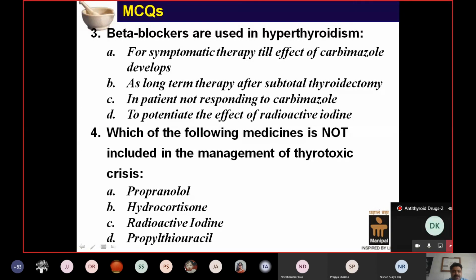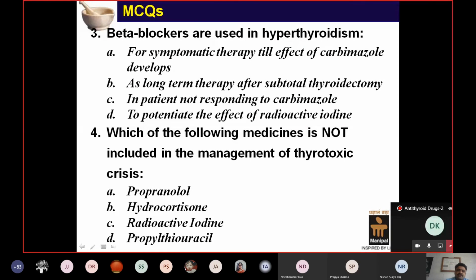Propylthiouracil is preferred, it has antithyroid action. Propranolol gives symptomatic relief. Hydrocortisone is also required for other symptomatic management. Radioactive iodine takes a few months, so we cannot wait in case of crisis.